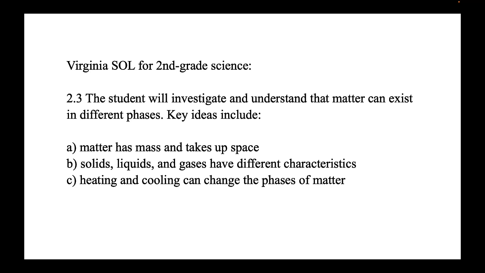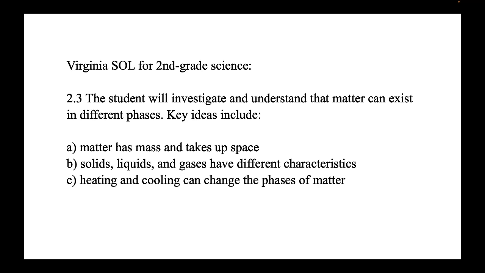The Virginia SOL for second grade science that the student used as the foundation for this project was SOL 2.3, which is that the students will investigate and understand that matter can exist in different phases. And the 3 key ideas are that matter has mass and takes up space, solids, liquids, and gases have different characteristics, and heating and cooling can change the phases of matter.